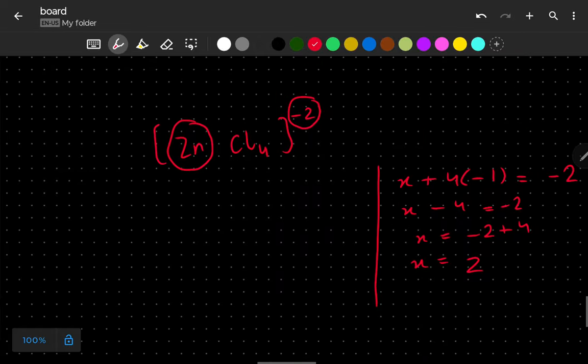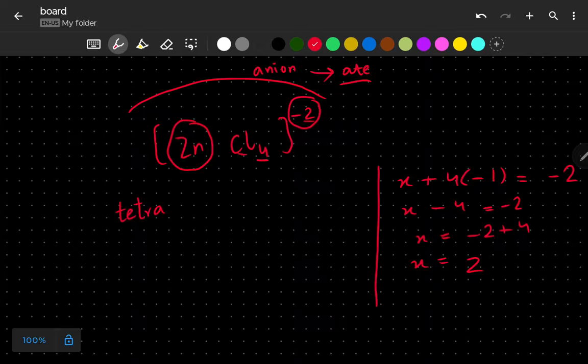Let's name it, and -2 shows this whole complex is an anion. So we will add -ate at the end. Tetrachlorozincate, and just write its oxidation state in numeral, and that is II.